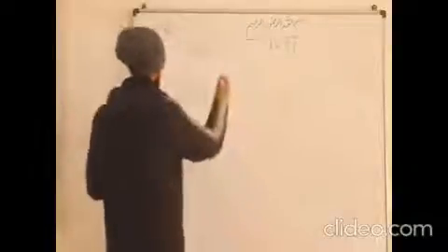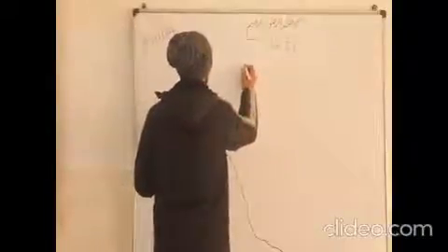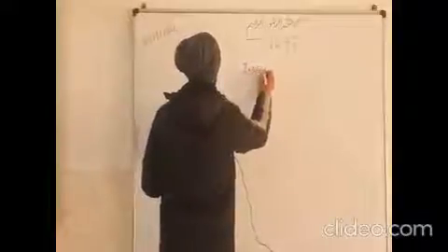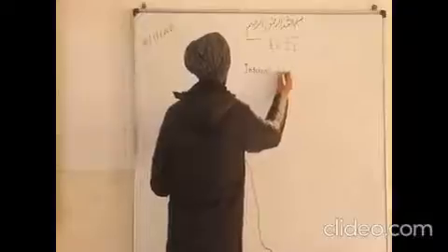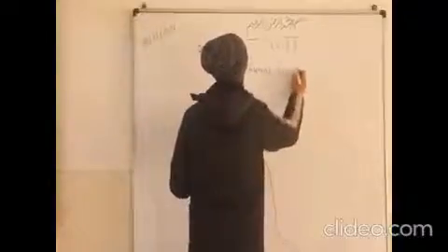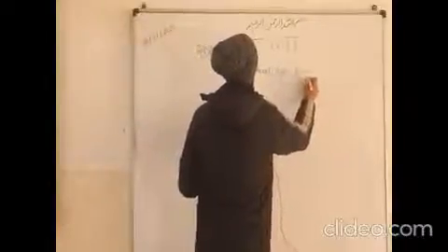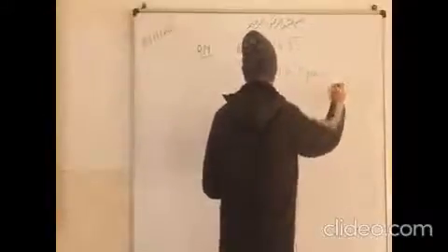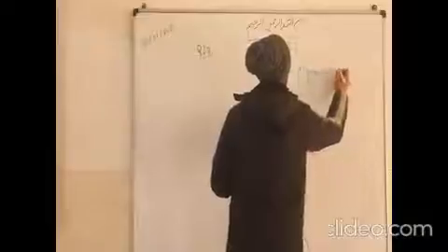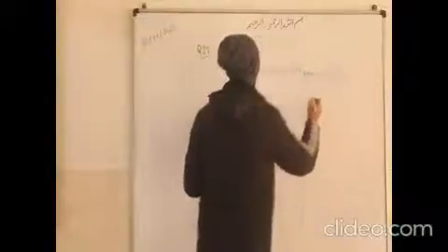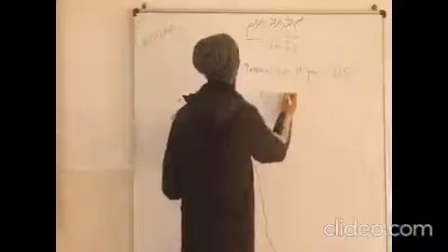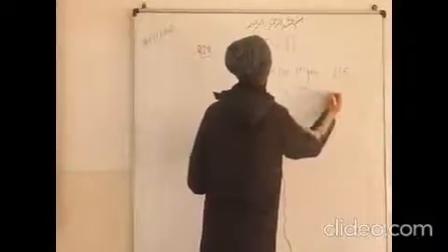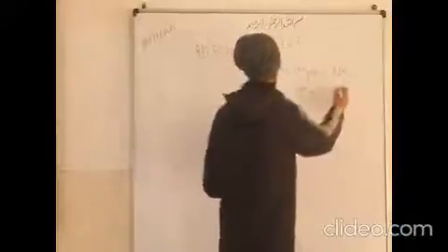So let's see what is given here. The interest for first year is given. Interest for first year is equals to 225. Then interest for second year is equals to 240.